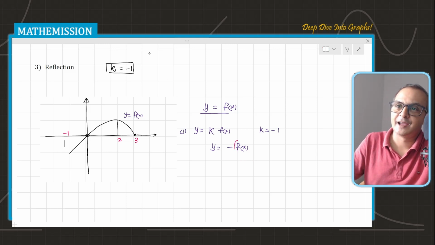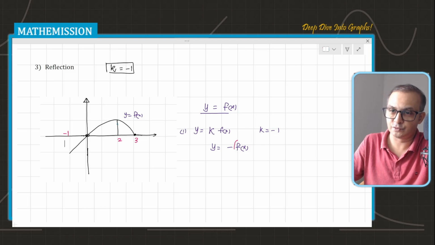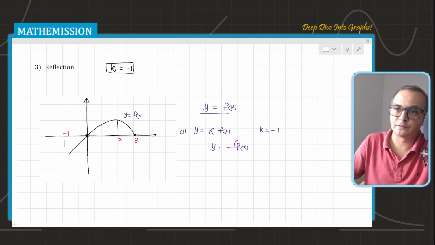It means that at 2 originally it was giving the value 1, now at 2 it will give you the value -1. At 3 whatever value it was giving, this remains the same because it is 0, but for the other parts, whatever value we are getting here, it will turn to the negative of it. Here it will turn into the negative of it, and here too, and so on.